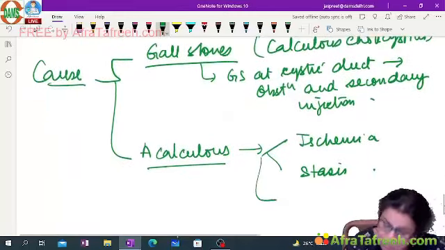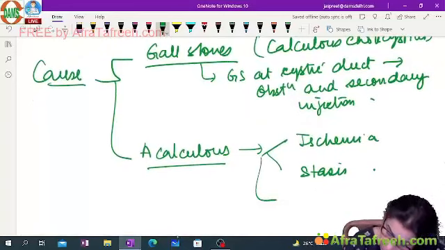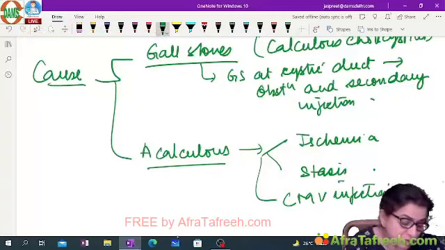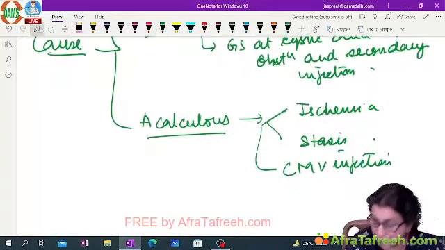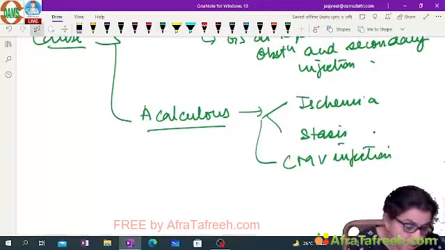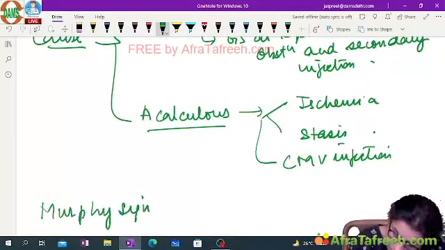Or sometimes it can be due to infection, a primary viral infection, for example CMV infection. So now in cholecystitis, Murphy sign, M-U-R-P-H-Y, Murphy sign is positive.